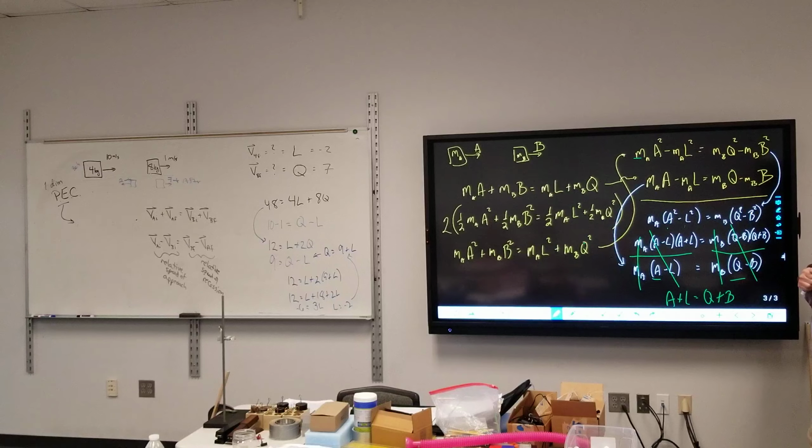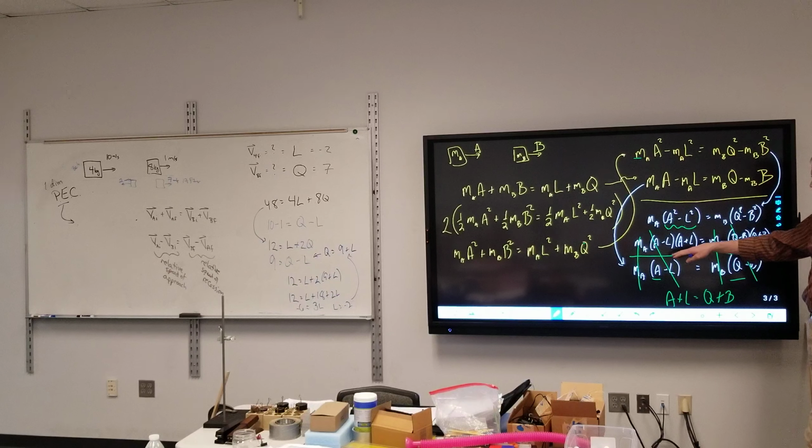Can I ask a question? Yeah. I kind of got stuck at the second line of white. Why is it A minus L times A plus L? If you factor A squared minus L squared, you get A minus L, A plus L. The difference of perfect squares. Yeah, that's what it's called.